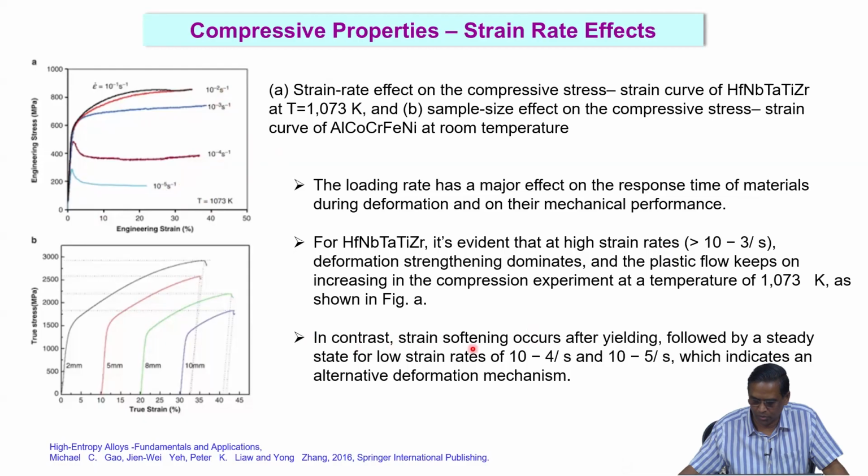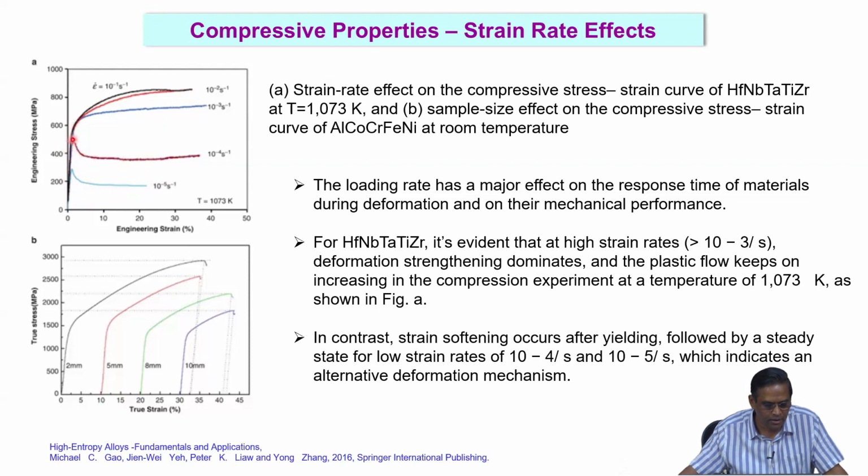to 10 to the power minus 2. In contrast, strain softening occurs after yielding, followed by a steady state for the low strain rates, which is 10 to the power minus 4 per second to 10 to the power minus 5 per second, which indicates an alternative deformation mechanism. So if you look at this, there is a kind of peak and then it softens immediately and then it goes to steady state at these two strain rates.